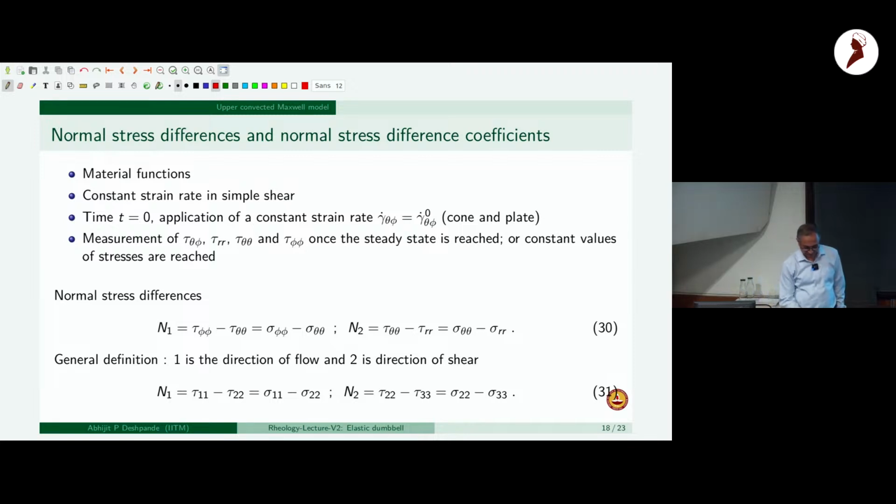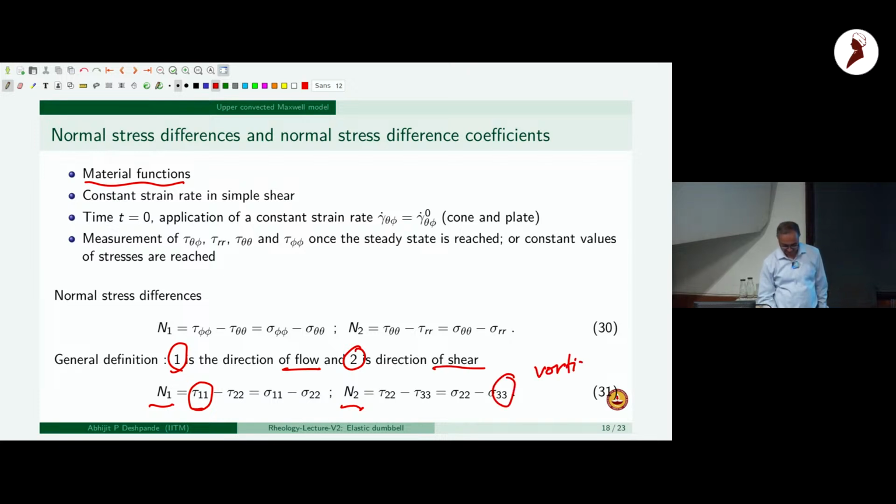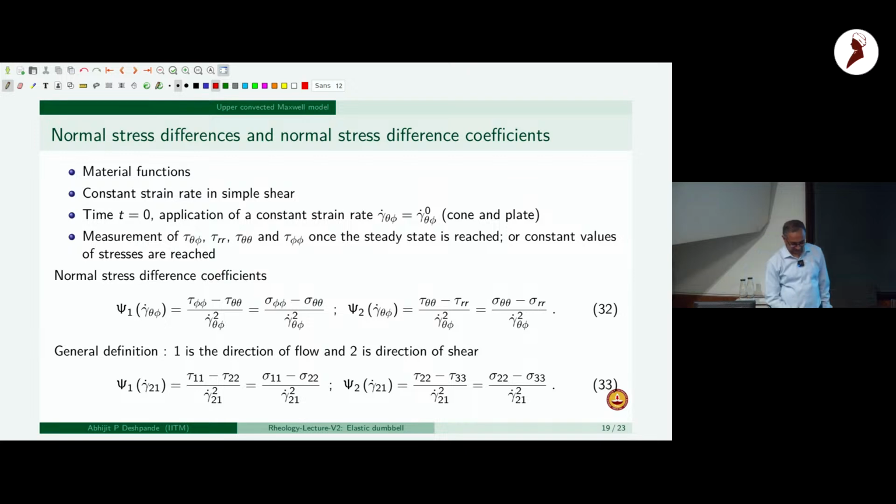So we define these two material functions as N1 and N2, and 1 is related to the direction of flow, while 2 is the direction of shear, and therefore 3 is basically the direction of vorticity. So this is the normal convention. And we also define the coefficients, which are scaled with gamma dot squared.